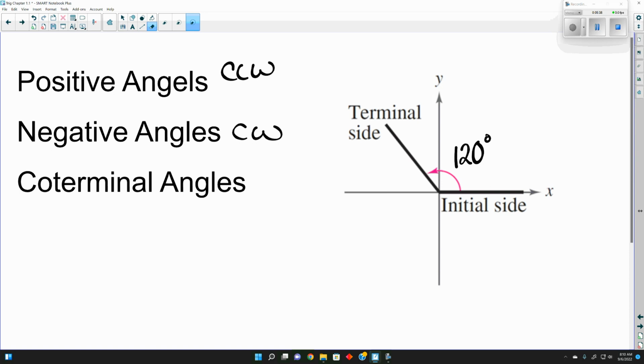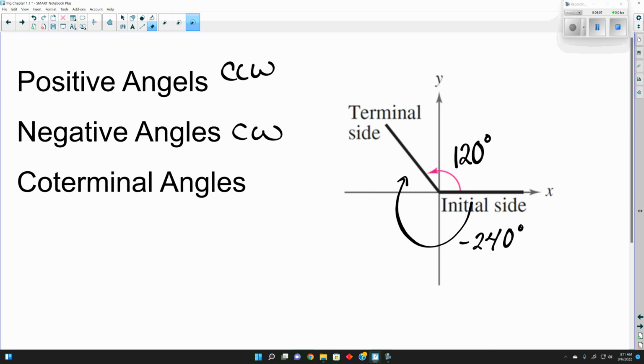An entire circle is 360 degrees, yes? Well, we could also talk about this angle in a negative direction, going the other way. And this here we can say is negative 240 degrees. They get us to the same spot. And these here would be coterminal angles. So coterminal angles are two angles that get us to the same location. Questions on this here?